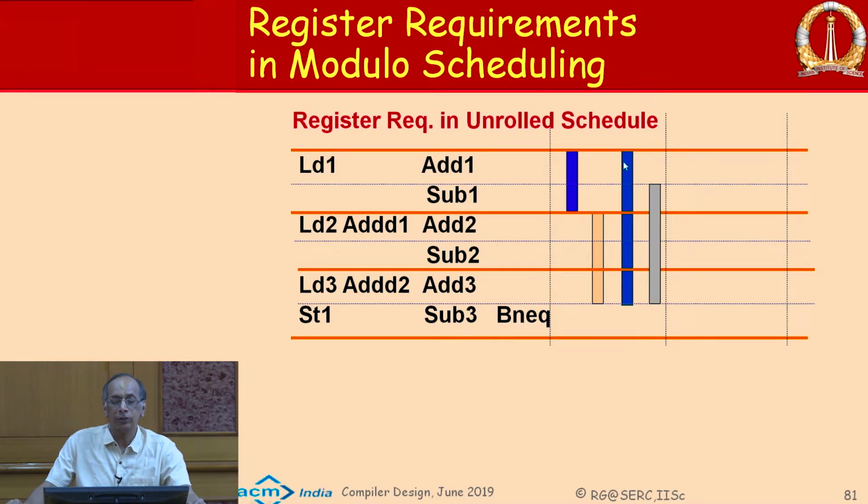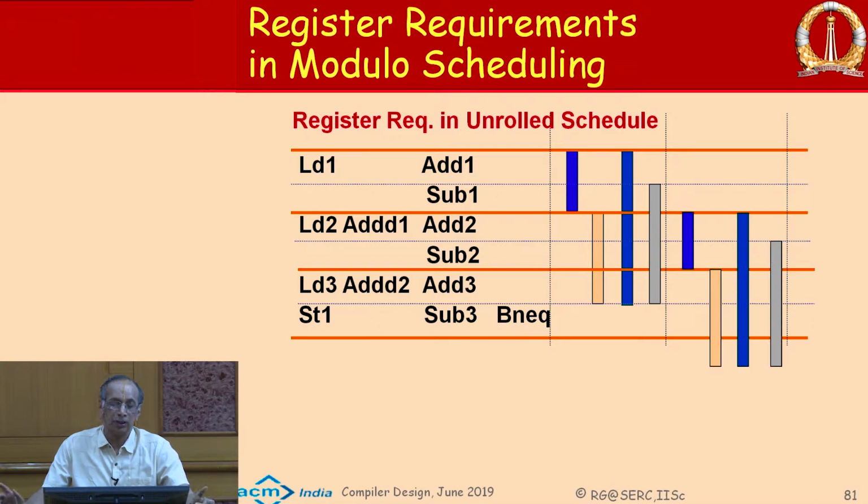The add instruction produces a value which is used by the store instruction as the index, the pointer. Therefore, its live range starts from here and goes all the way up to here. Now, this is for the subtract instruction. The subtract instruction produces a value which is going to be used by the branch instruction. The same thing is repeated in the next one.